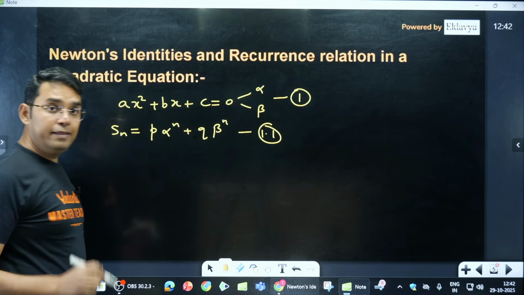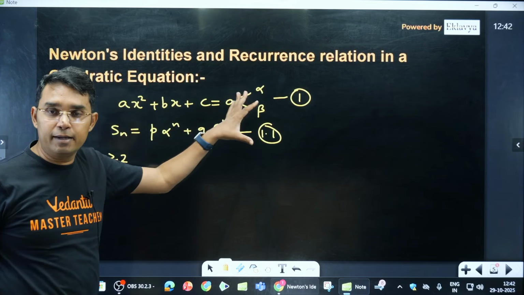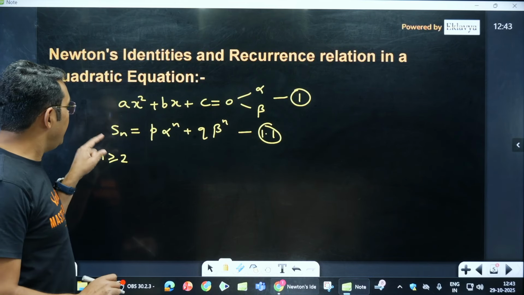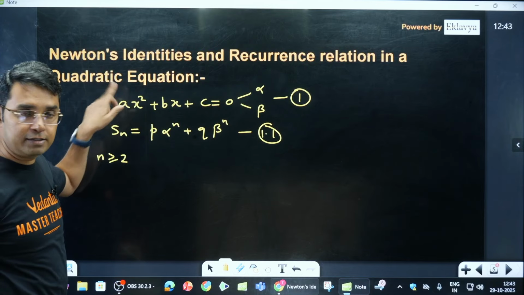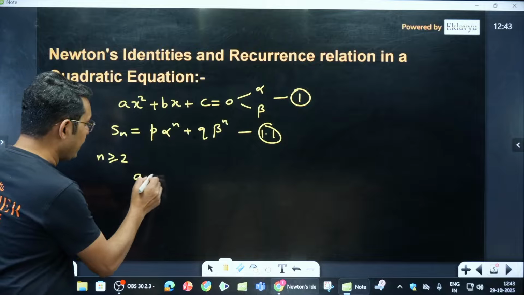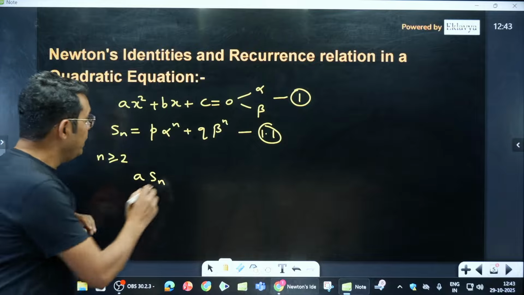Then we claim that this Sn, for all n greater than or equal to 2, satisfies this quadratic. When I say Sn satisfies this quadratic, I mean that I will put Sn in place of x. So in the leading term, I will write a into Sn.